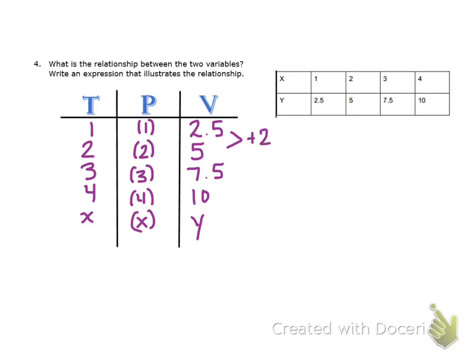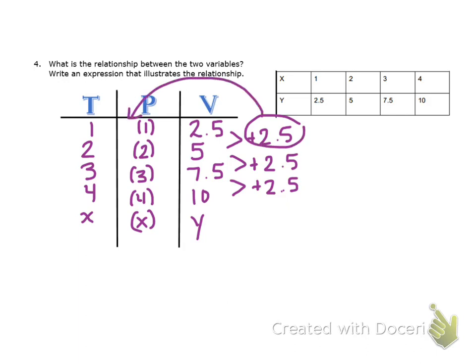Well, you add 2.5. How do you go from 5 to 7.5? You add 2.5. How do you go from 7.5 to 10? You add 2.5. It is the same every time. We're adding 2.5. I'm going to circle that. And this number is going to go in my process column before my terms in parentheses.